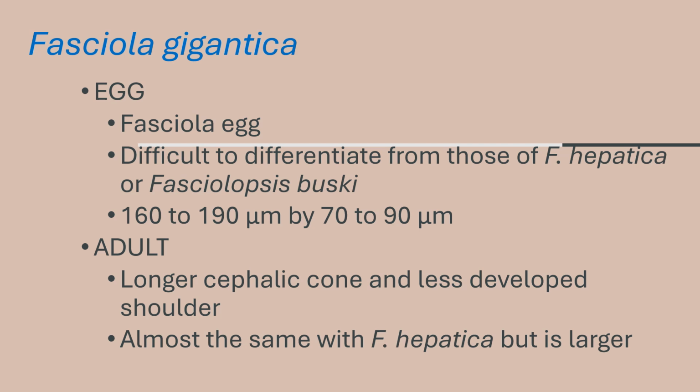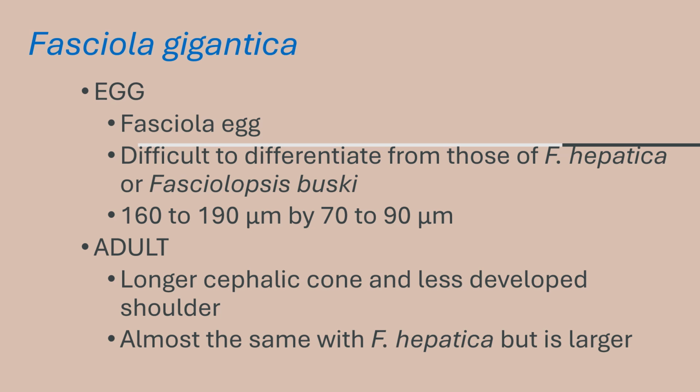Okay, the adult of your Fasciola gigantica has a longer cephalic cone and less developed shoulder. The adult is almost the same as Fasciola hepatica, but your Fasciola gigantica is larger.